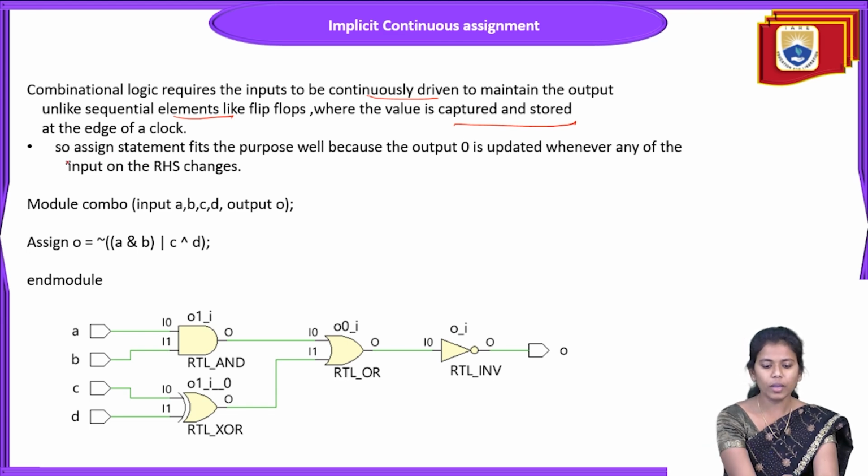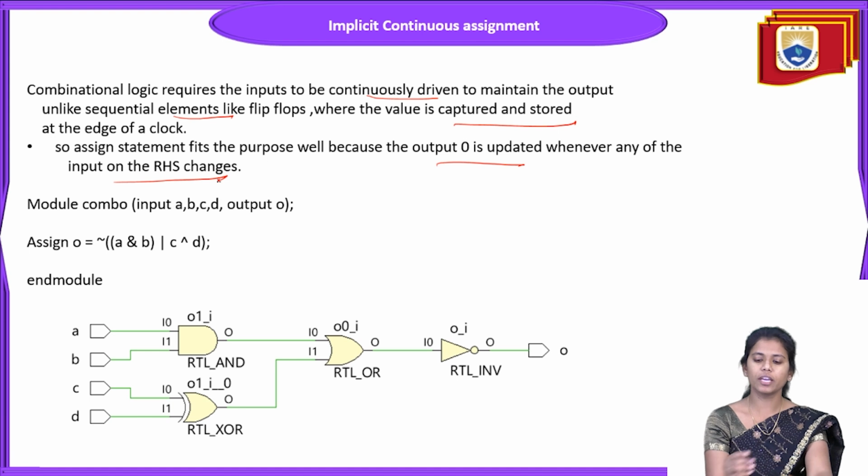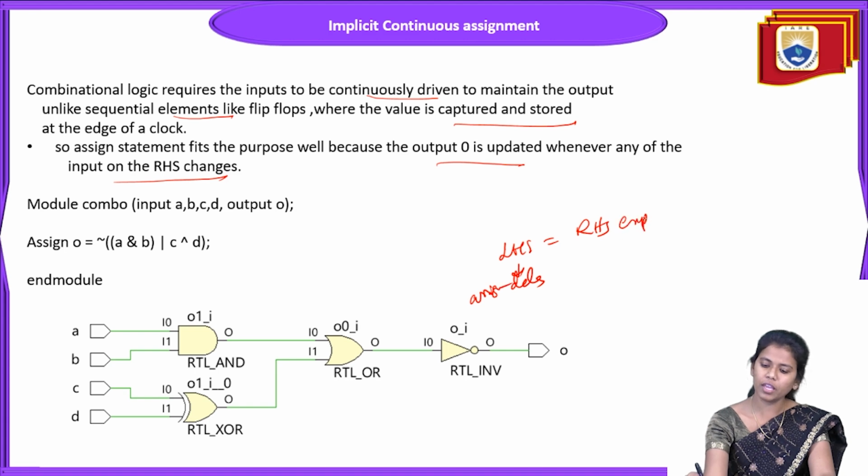So assign statements fit the purpose well, because the output O is updated whenever the input on the RHS changes. This statement is talking about whenever you change the input, obviously the expression will change. The LHS consists of the delay with the assign keyword, and the RHS consists of the expression with the output.